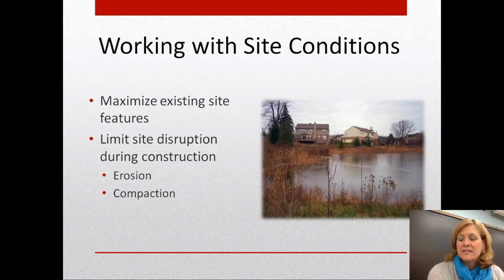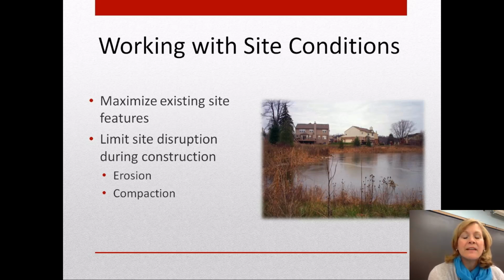Working with site conditions is probably the best place to start because it involves the initial planning and design phase of a landscape. When you're working with the existing site conditions, you want to maximize those features that are already present. In the case of the image here, this is a new housing development, and rather than drain the wetland or try to reroute the water, they really focused on emphasizing that wetland as a feature of the property and worked around it.